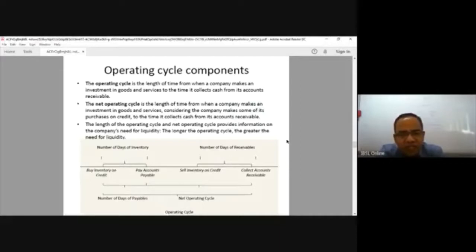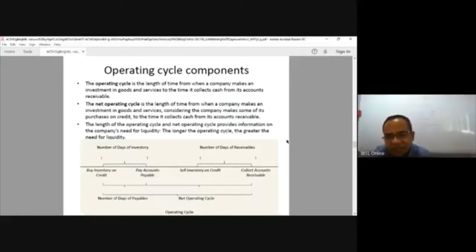So normally, what happens is that the full cycle consists of, number one, the inventory: from the time the inventory came, how much period you have enjoyed to pay for the inventory, and then from the time the inventory has gone out of the stores, how many days your customer enjoys.